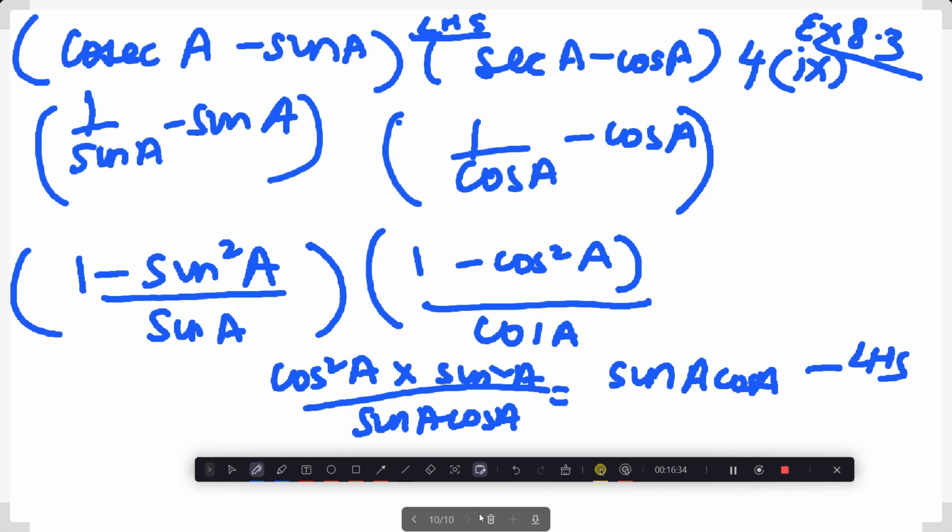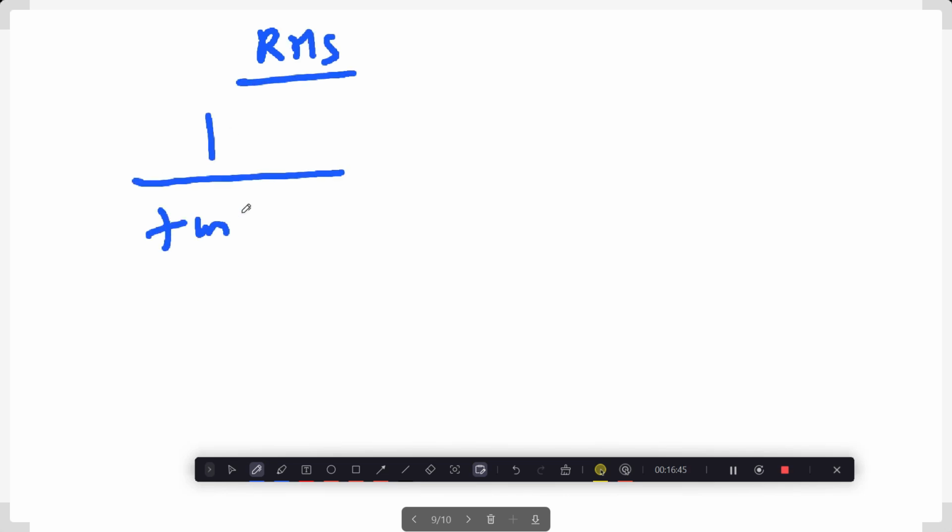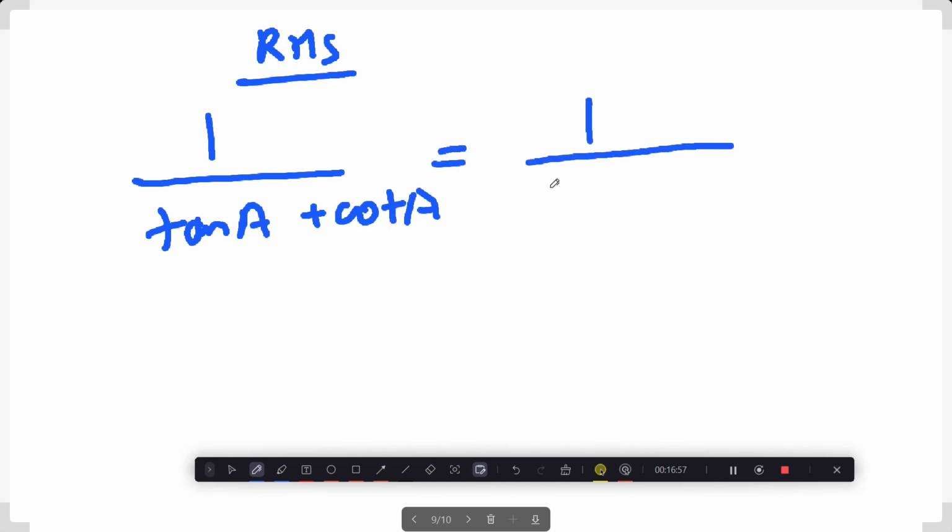Now let's look at the RHS. RHS, the question says 1 by tan A plus cot A. So 1 by tan A plus cot A, right? So what is this?